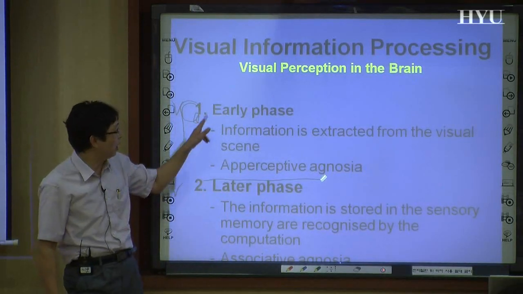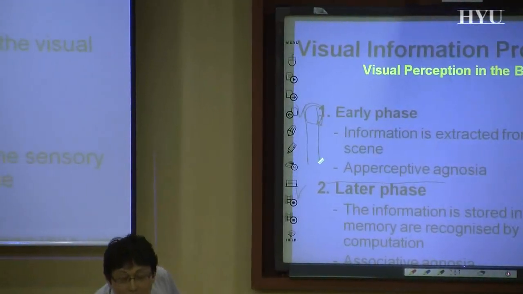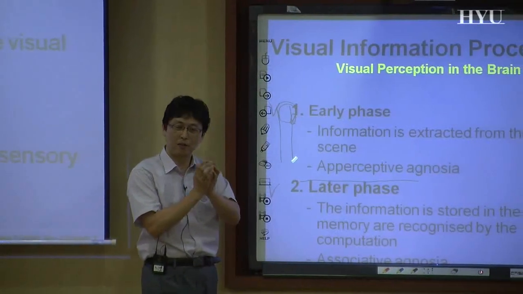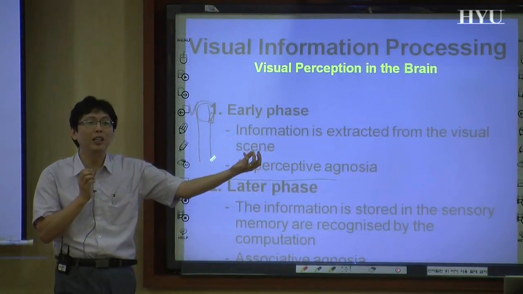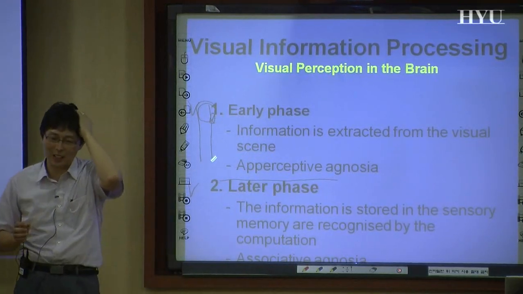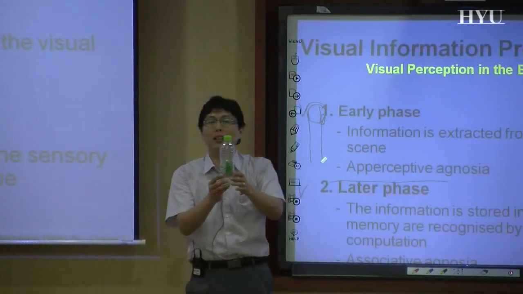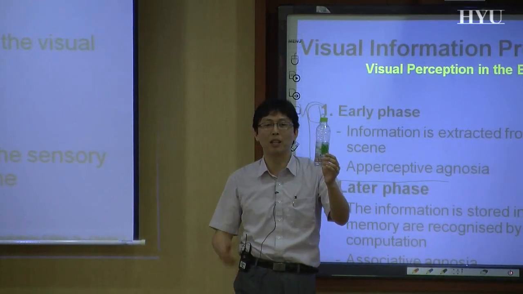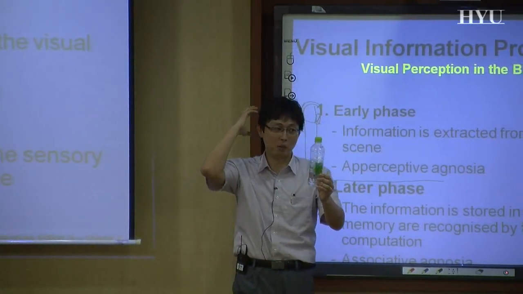In the second phase, when you have identified the features of the object, it's time to link what you have achieved from your visual scene, which means features should be combined with what you already have in your brain. So, this one is a bottle. You already know it. But to recognize this as a bottle, you have to have some kind of template, something in your memory, something in your brain.